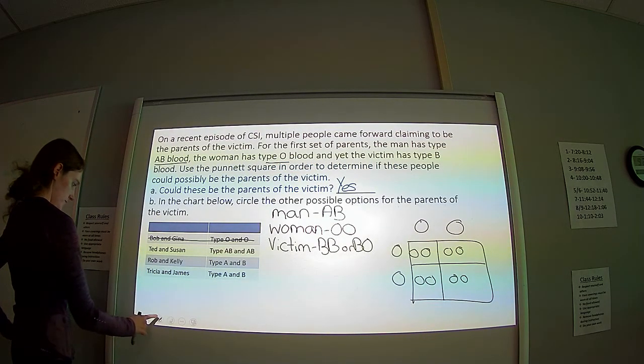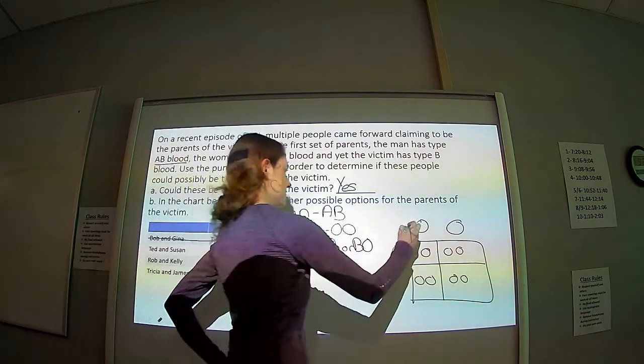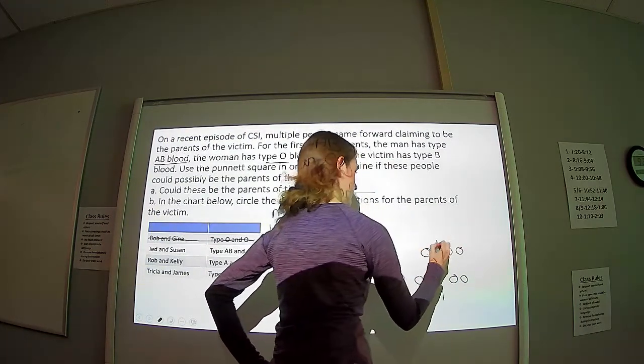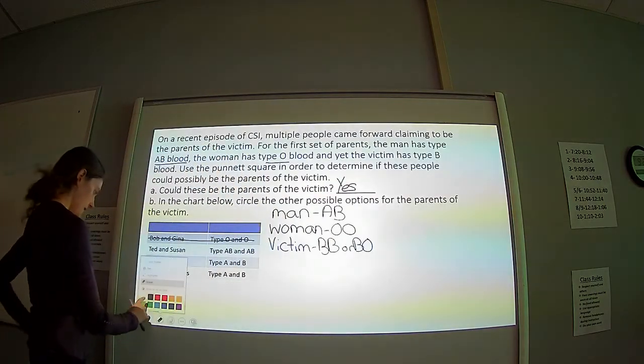Ted and Susan, type AB and type AB blood.